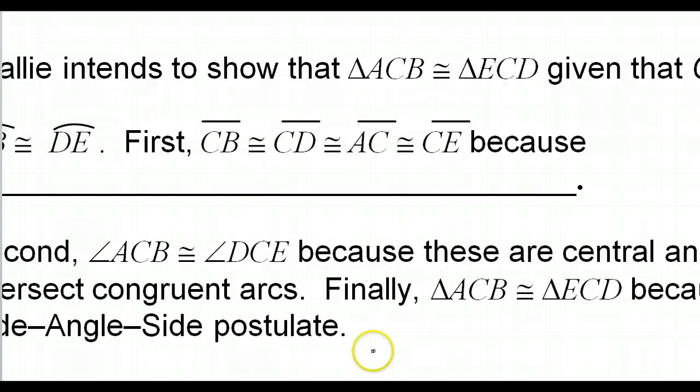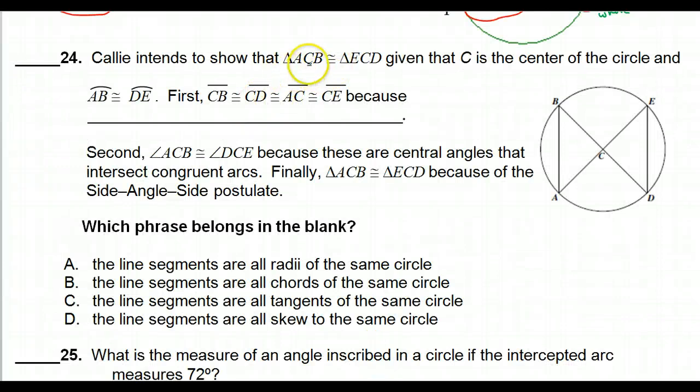I better zoom out. Alright, Callie intends to show that these two triangles are congruent. C is the center of the circle. You know, let me put a dot there to emphasize that. And let's see, arc AB is congruent to arc DE. Alright, so fine. These arcs are congruent. Okay, that's all that's given.